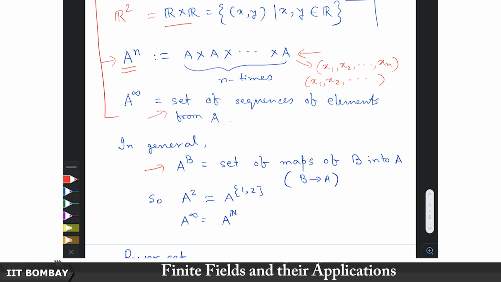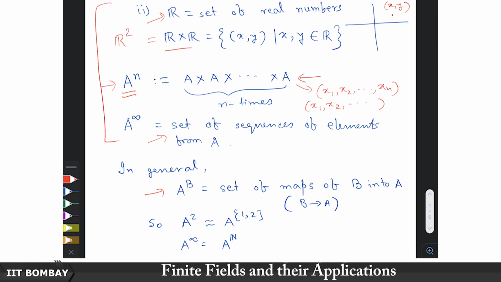First of all note that if we take A2, we said it is a pair of numbers, but one can also think of this as a map from the set {1, 2} to A, because what does it mean if we have a map f from {1, 2} to A? How do we specify such a map?